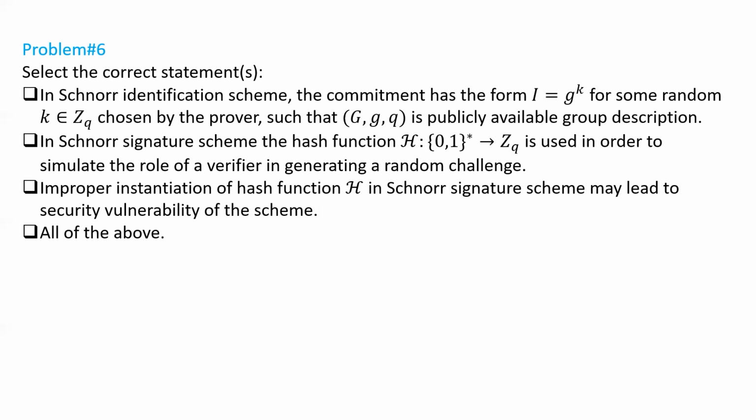Because S is Rx plus K mod Q, that is sent by the prover to the verifier as response. So g to the power S means g to the power Rx plus K.